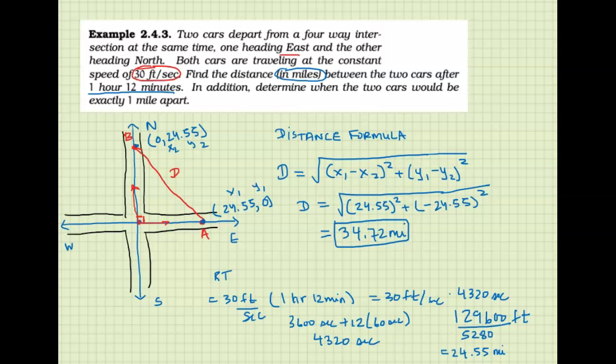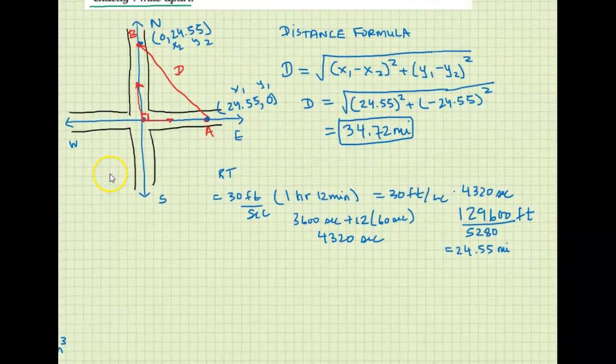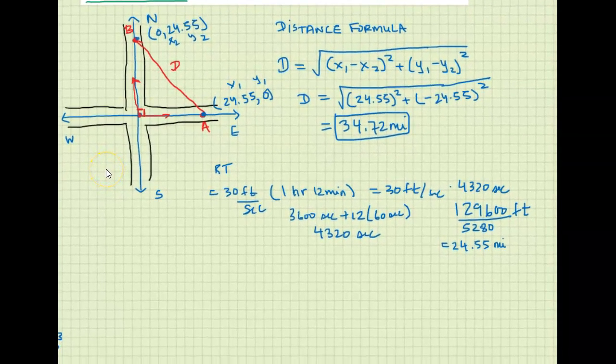All right, second part of the question. In addition, determine when the two cars will be exactly 1 mile apart. Let's see how we can figure that out. Now it's like when.